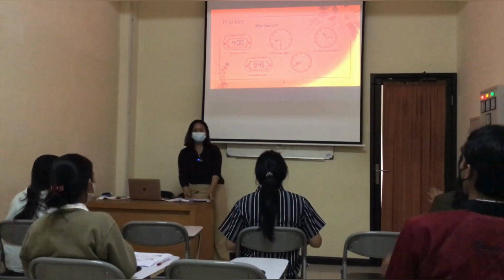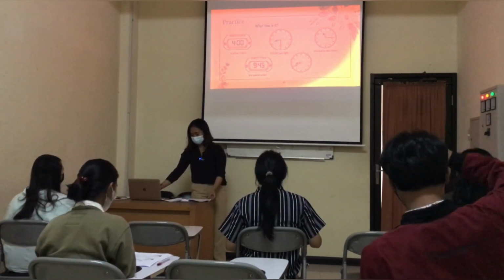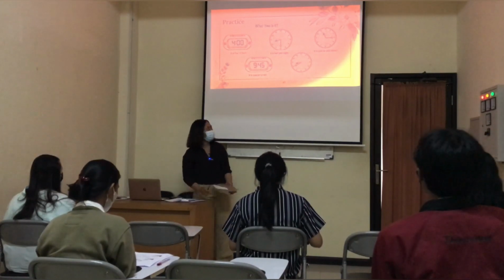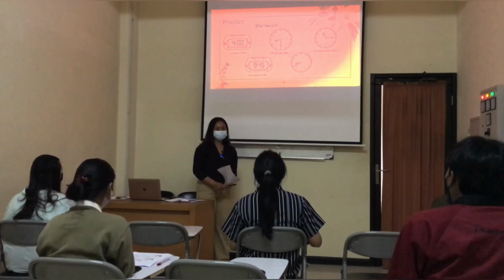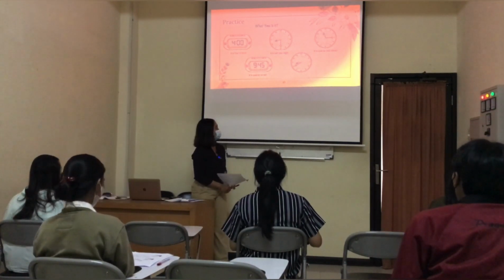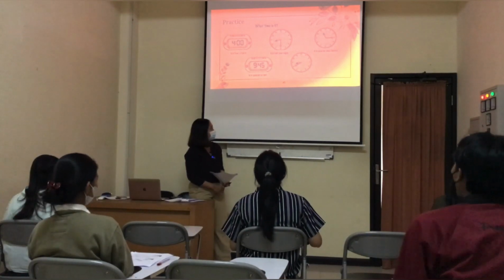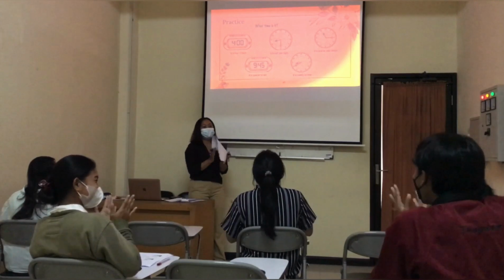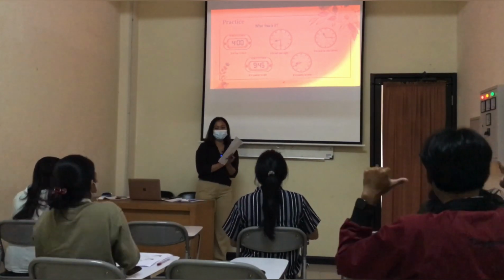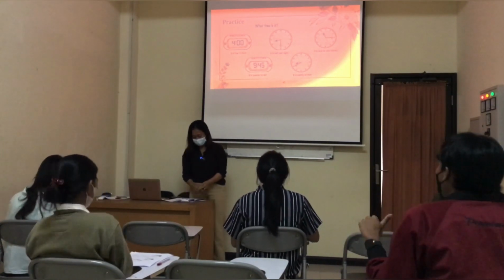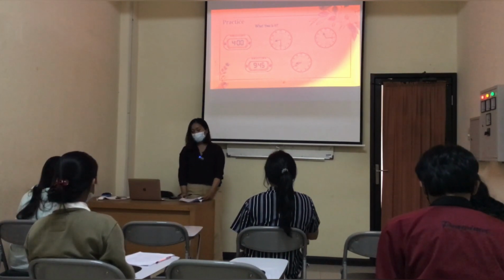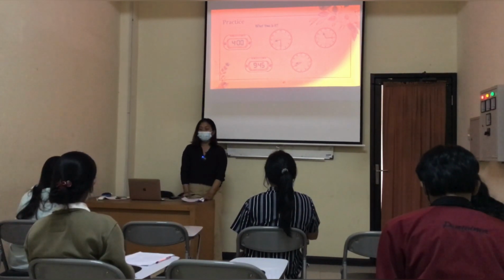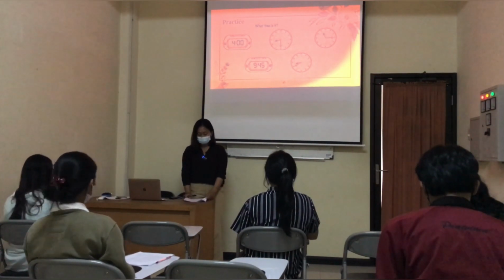The last is Johnny. Yes, miss. Johnny, what time is it? I think it is 20 to 9. Good. Give applause for Johnny. Alright students, I think you already understand about telling the time.